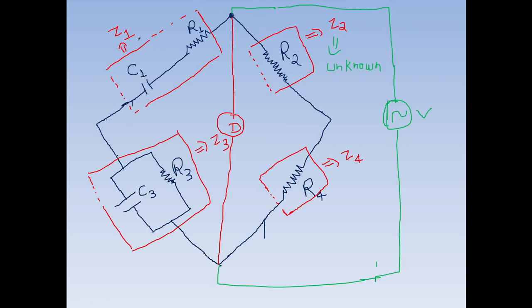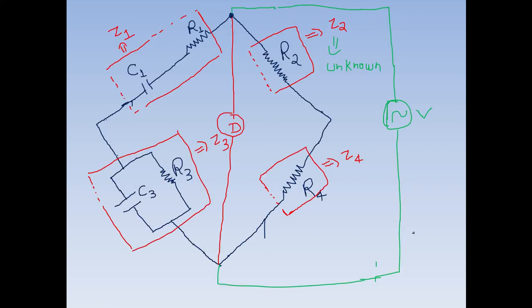Now, at balance condition, what will our bridge be? In the balance condition, Z1 gets multiplied by Z4 and Z2 gets multiplied by Z3.